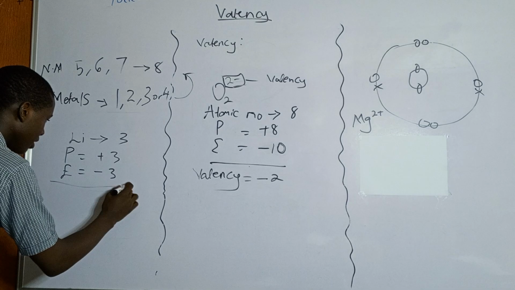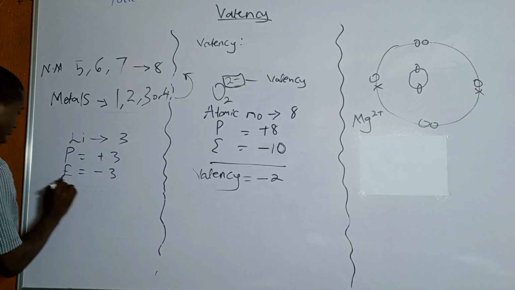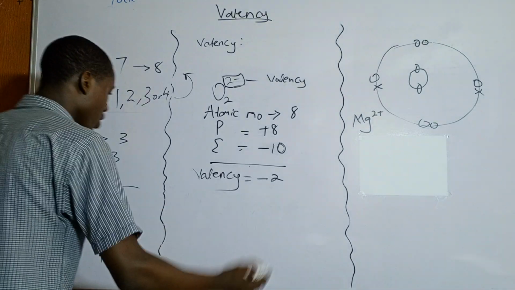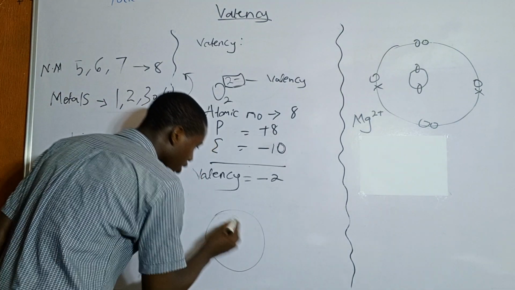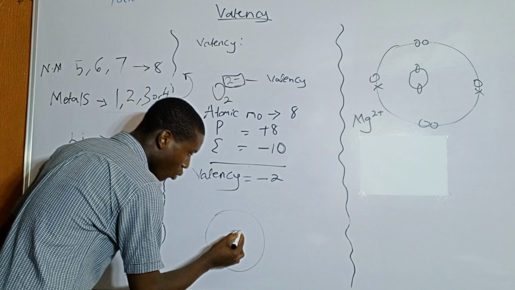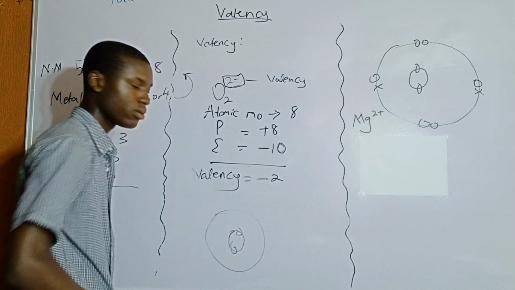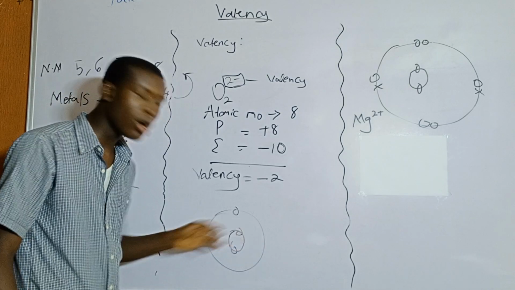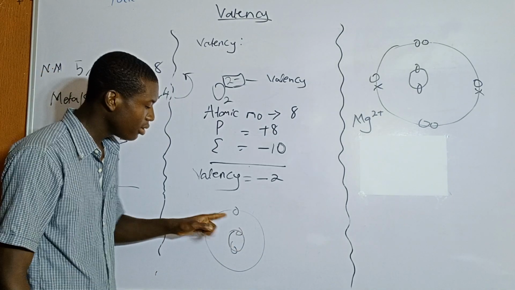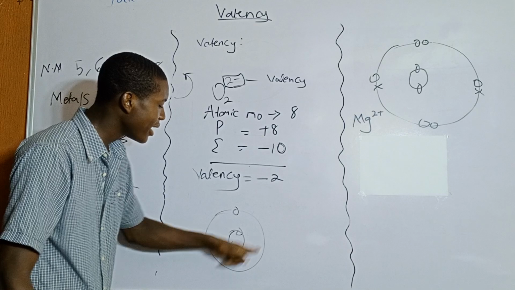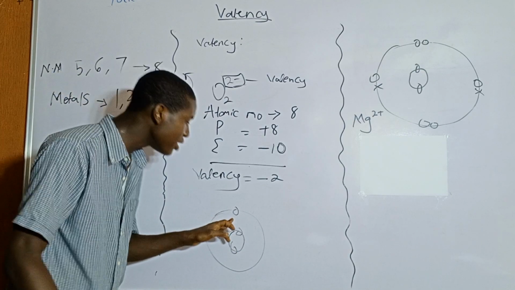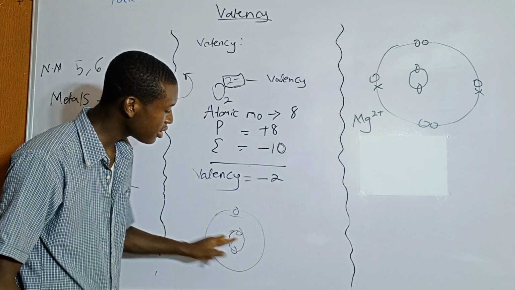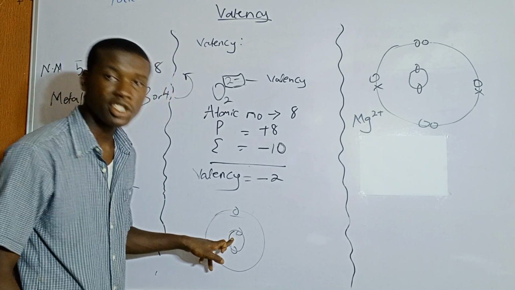But since we are calculating valency, we don't need to calculate net charge. Let's draw the lithium structure. 1, 2, and the remaining 1. Now I need 7 to complete, but it is very hard for it to get this 7, and it's much easier for it to lose this one and go back and complete its octet state in the K shell.